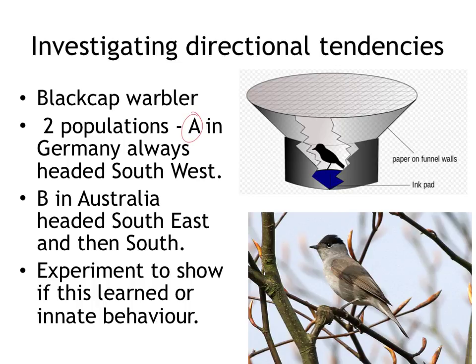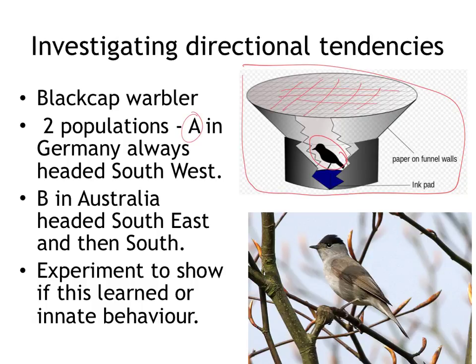And what these are is shown by this diagram that's up here. So what happens is the bird is put into this funnel here, and there's a screen, a grid here to stop the bird getting out. Poor wee thing. And there's paper on the funnel here, and there's an ink pad here.